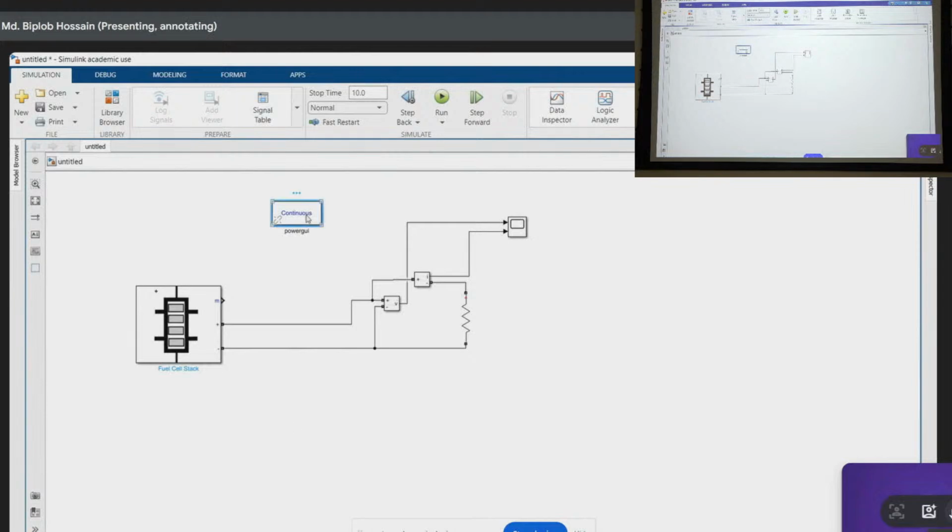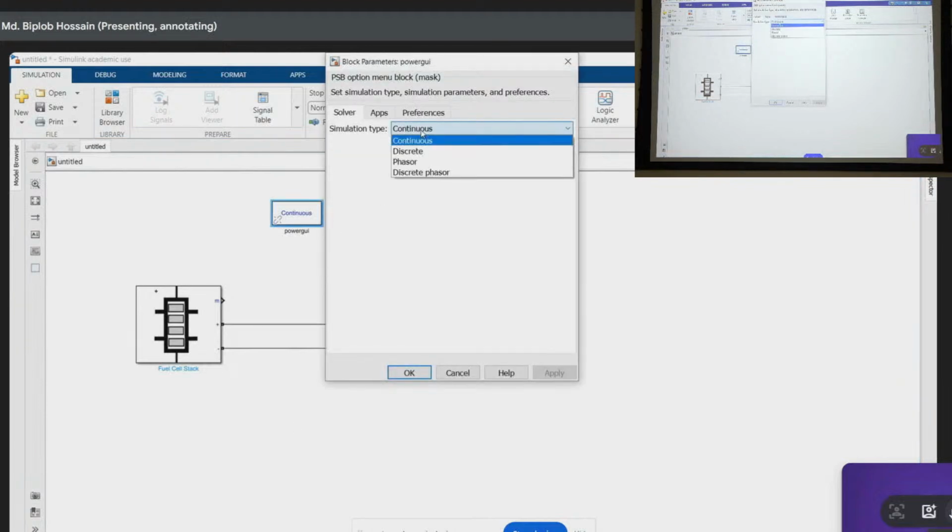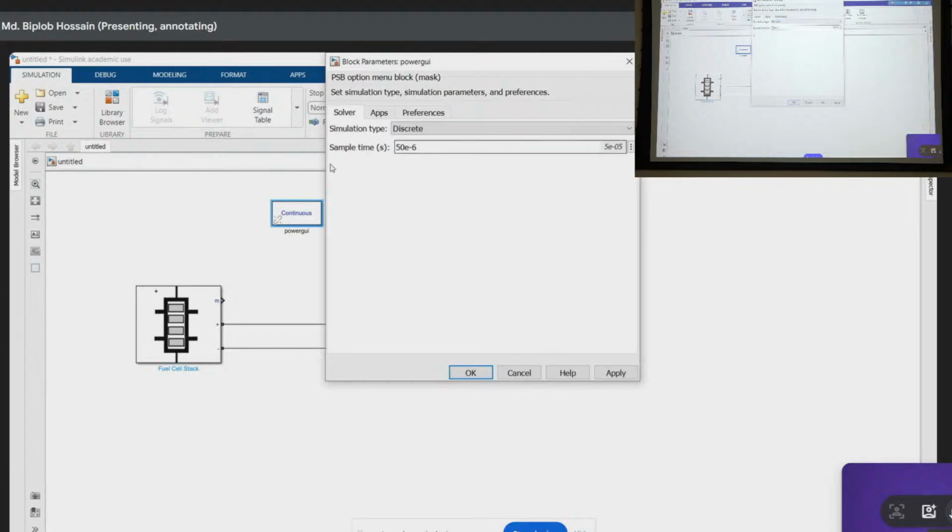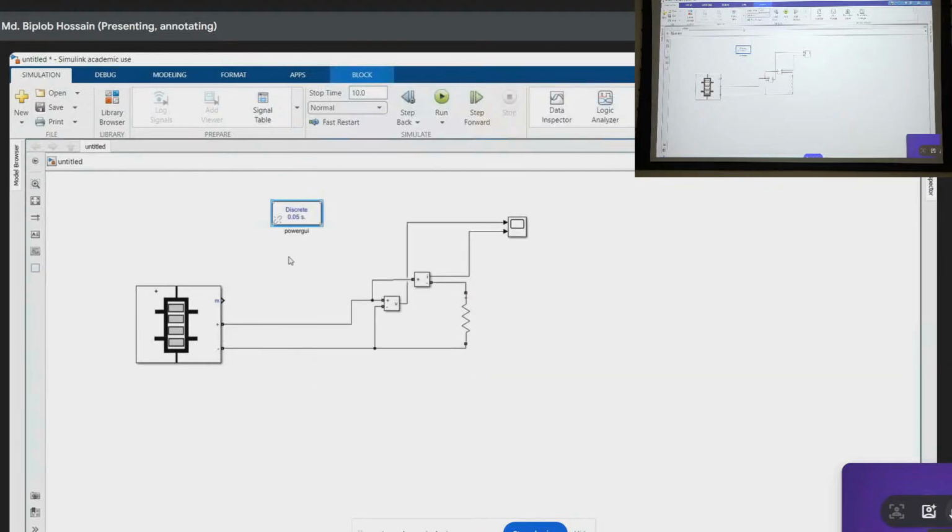So for example, if we change it from continuous to discrete, for this case, this is the sample time, that means it is based on iterations as solutions. From one time step to another time step, it takes your defined value. For example, if we are taking a 50 millisecond time step, the total simulation time you see is 10 seconds.